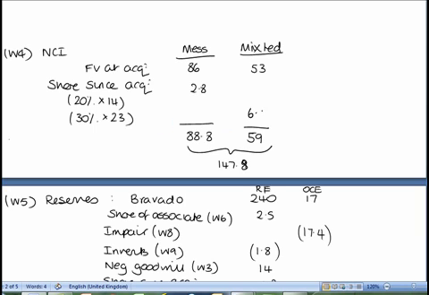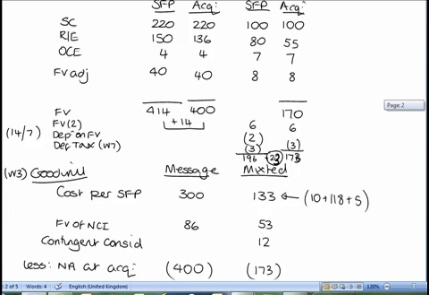So 30% of 63, so that's going to give us 59.9. So our NCI is now 148.7.